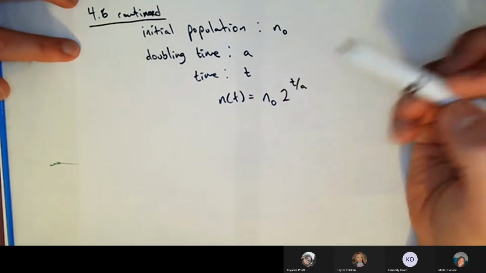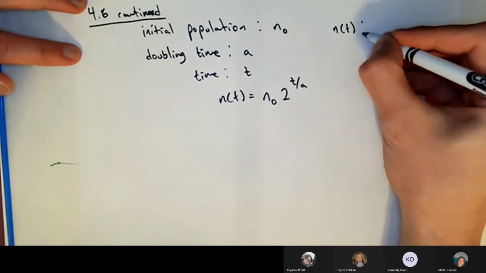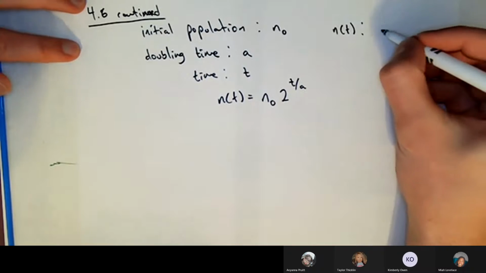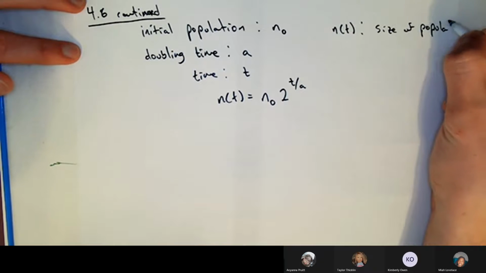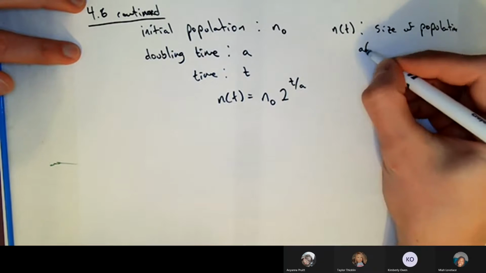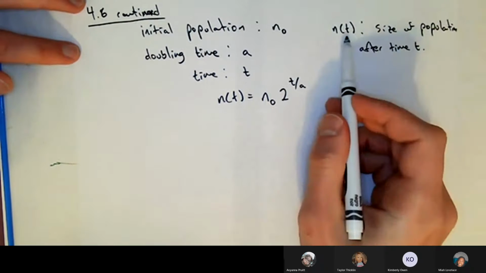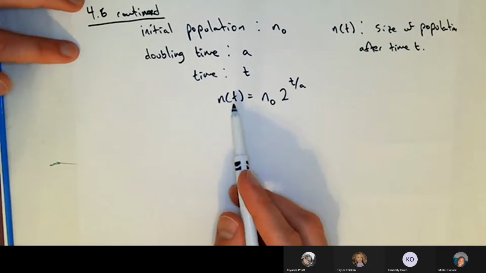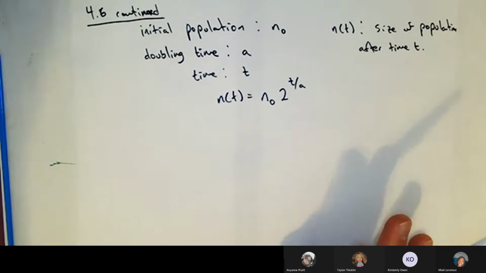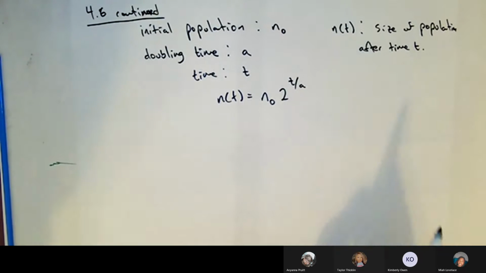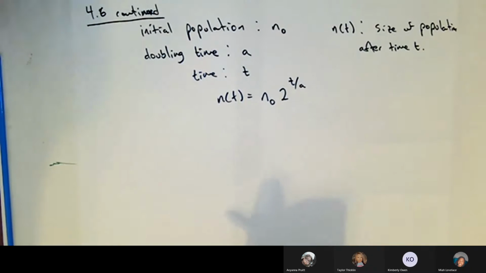And N of t then is the size of the population after some given time t, whatever the t is that gets plugged in. So this is just a generic one with just t in there. If you wanted to know the size of the population after 6 months, then you would plug 6 into the function, and this would output the size of the population after 6 months.